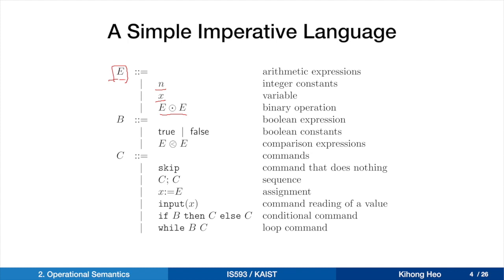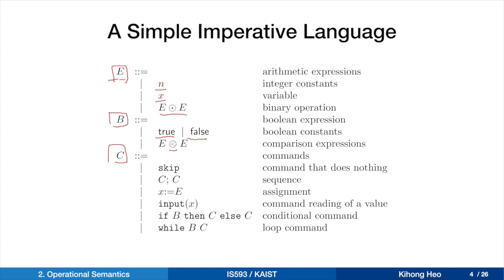This can be any standard mathematical binary operation like plus, minus, multiplication, and division. Okay. The second category is a set of Boolean expressions. There are Boolean constants like true and false, and also standard comparison expressions like equivalent or not equivalent, and less than, and so on. So finally, the last category is the set of commands.